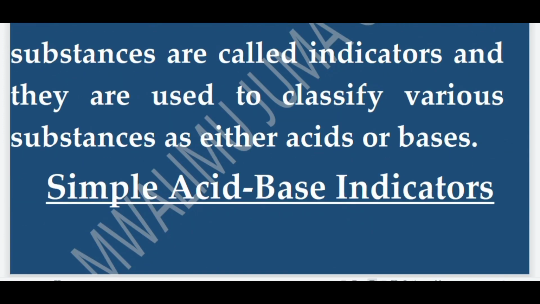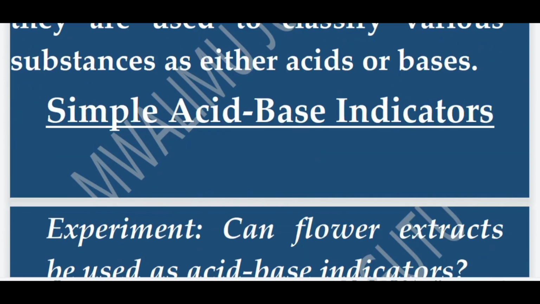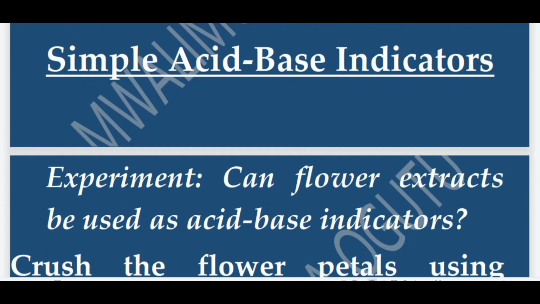So let's look at simple acid base indicators. These simple acid base indicators are made from flower extracts. An experiment we are carrying out is to see whether flower extract can be used as an acid base indicator.